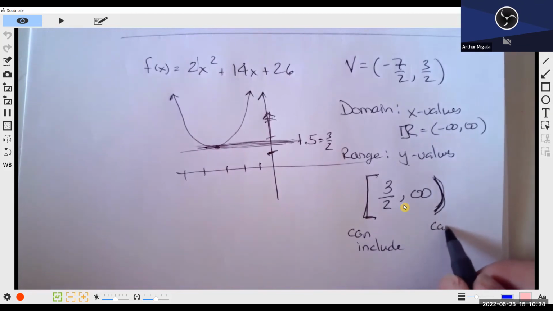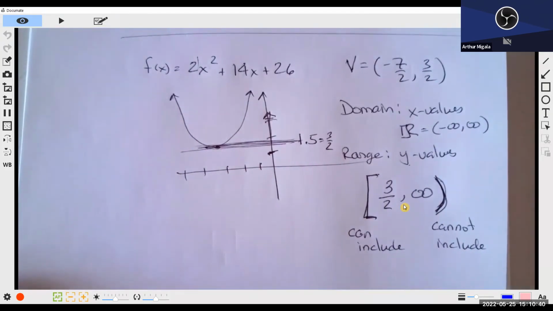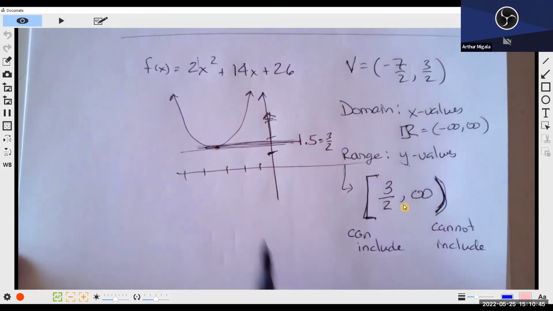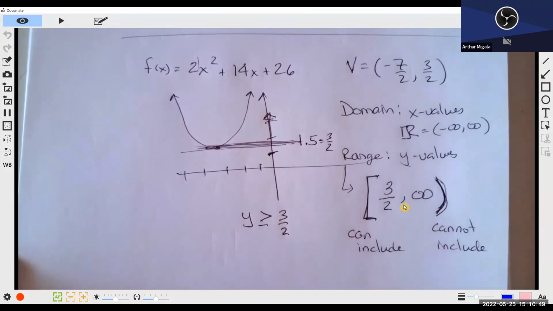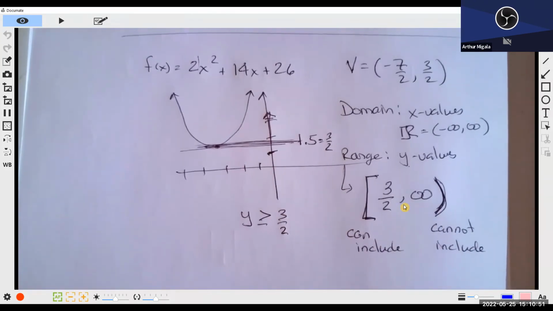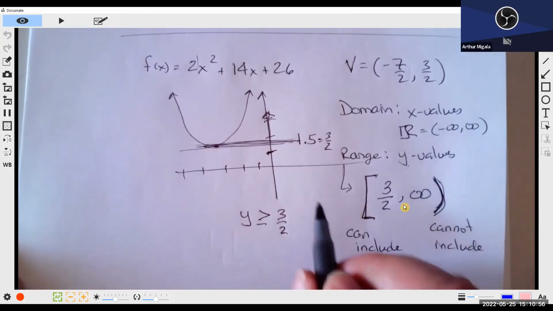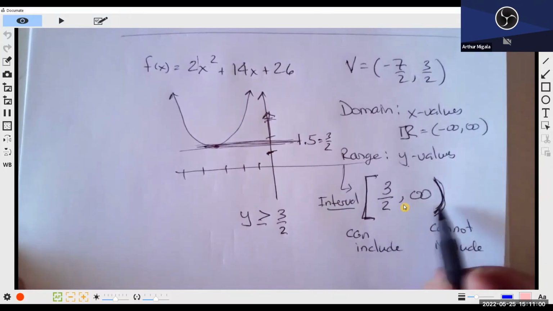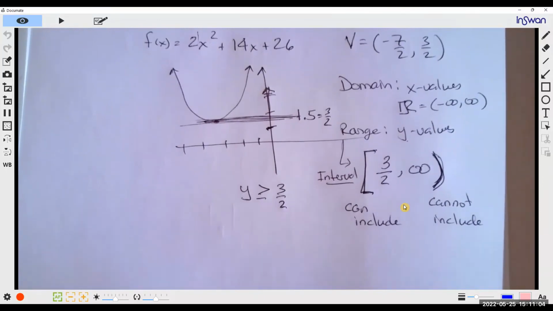Parentheses means you cannot include that number in the answer. You could never get to it. So the range is that. Or you can say that y is greater than or equal to 3/2. It all depends on how the question asks you to put the answer. If it wants intervals, you do it this way. If it wants a range, then put it that way.